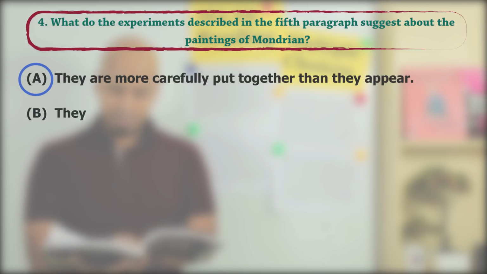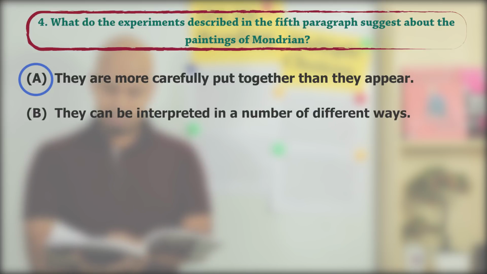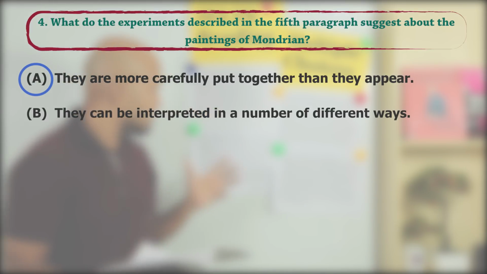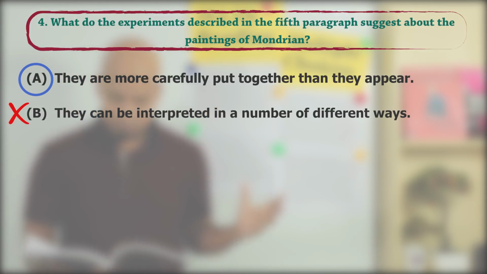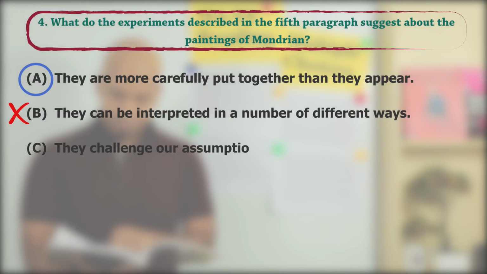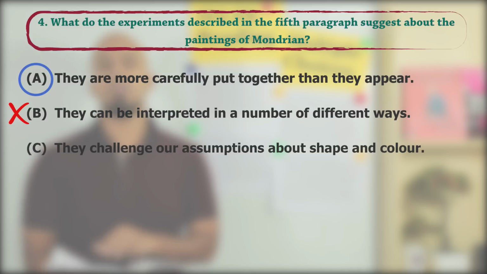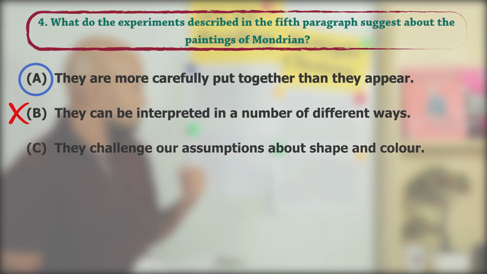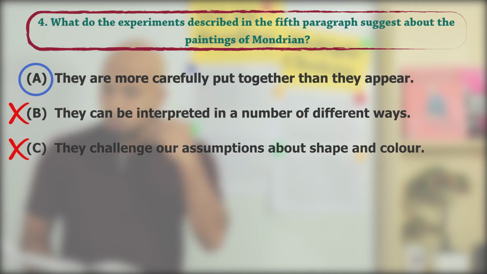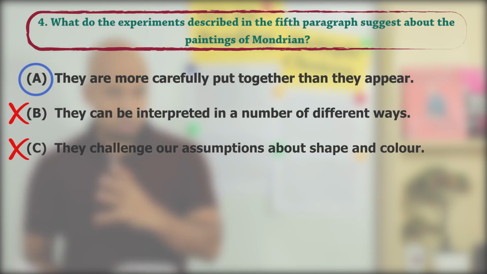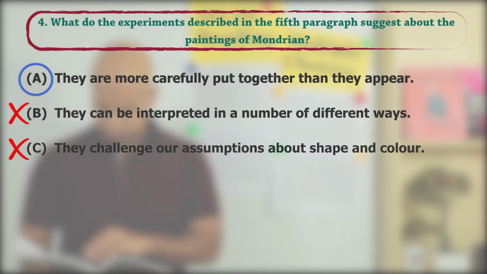Number B, they can be interpreted in a number of different ways. Not different ways, interpretation, I don't find anything. Number C, they challenge our assumptions about shape and color. I didn't find any challenge to assume something about the shape and color. It's not about the shape and color.